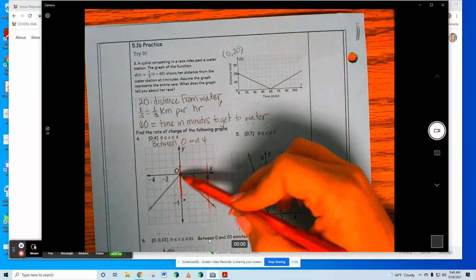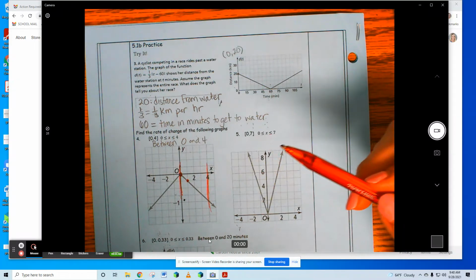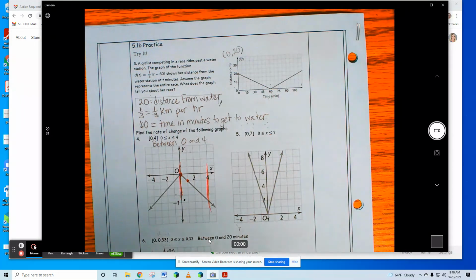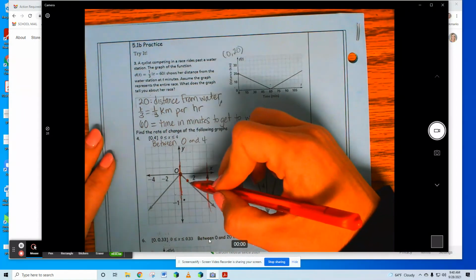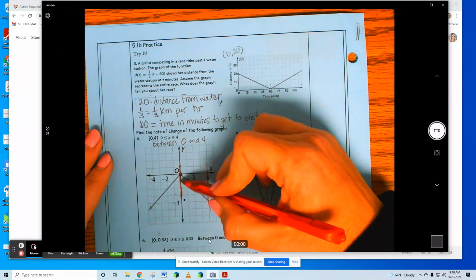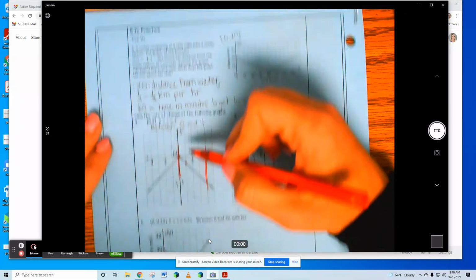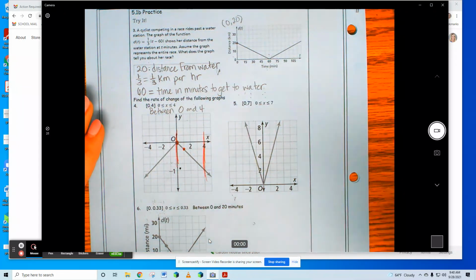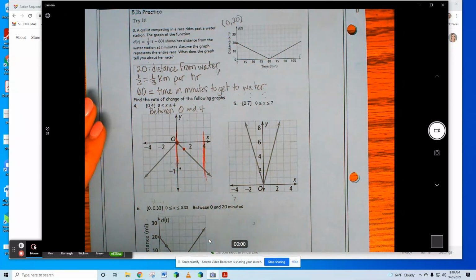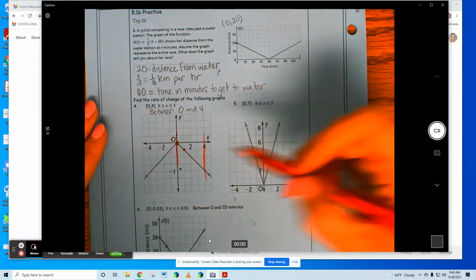So rise what? Run what? I'm rising down. Down and to the right. How many boxes did I go down from dot to dot?